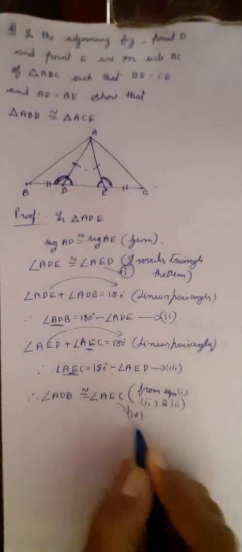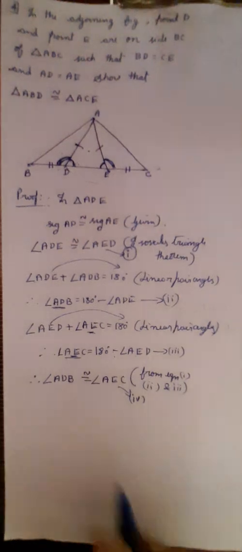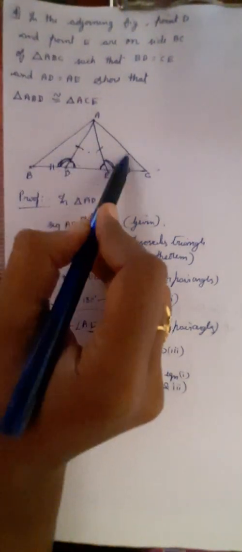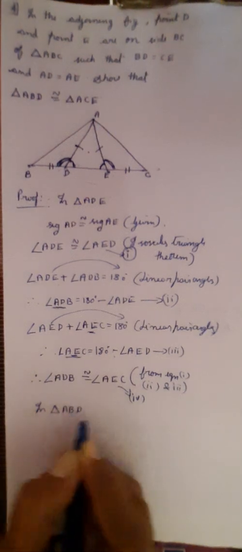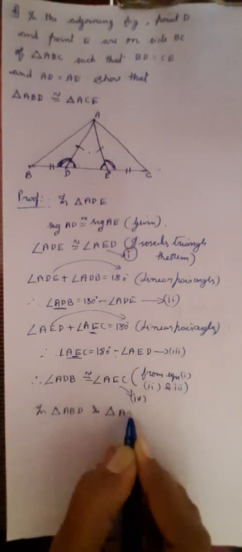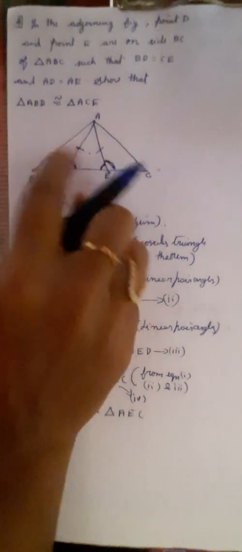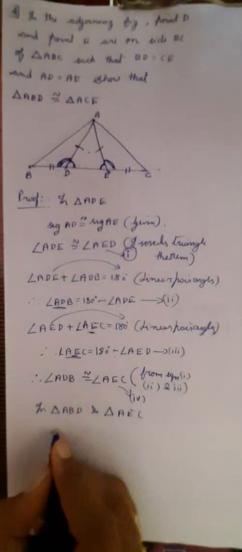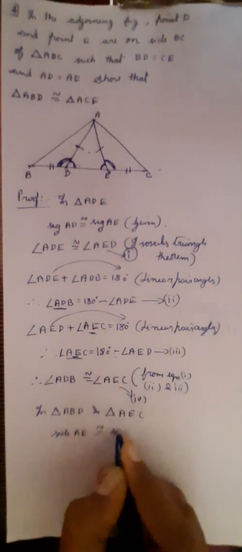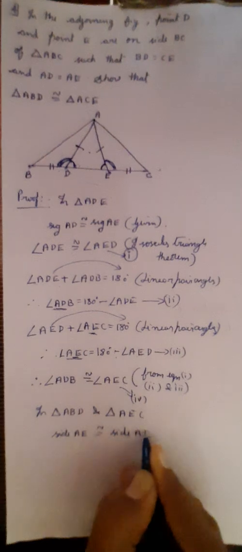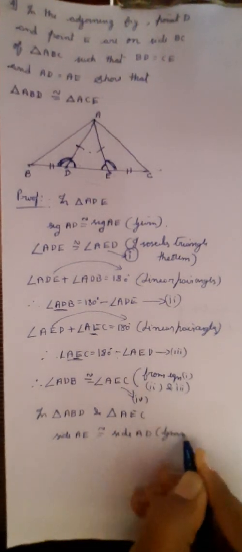Okay, so consider this as equation 4. Now focus on these two triangles. In triangle ABD and triangle AEC, in these two triangles already AD is congruent to AE. Side AE is congruent to side AD, given in the question.